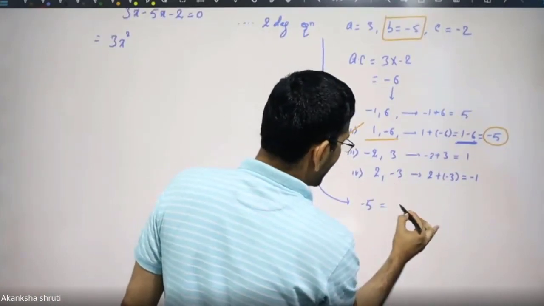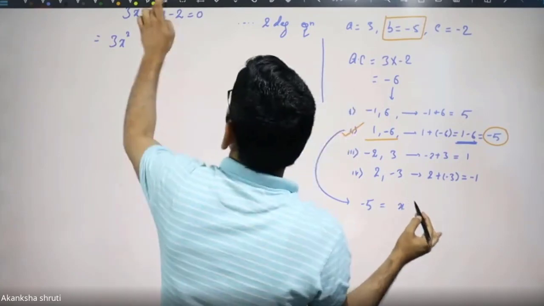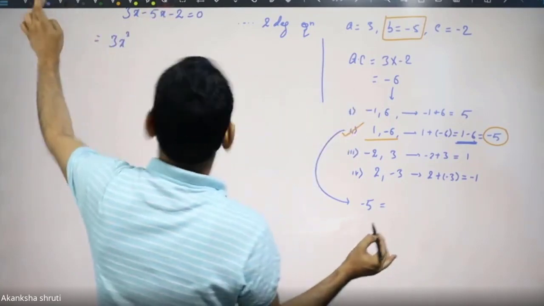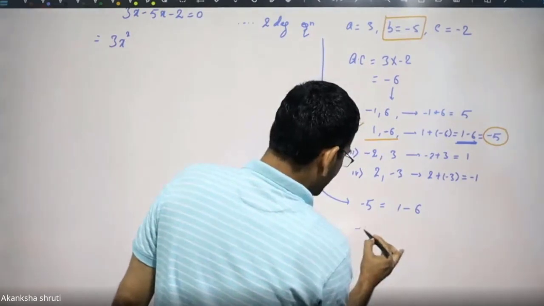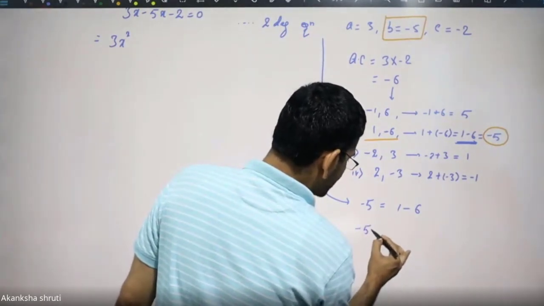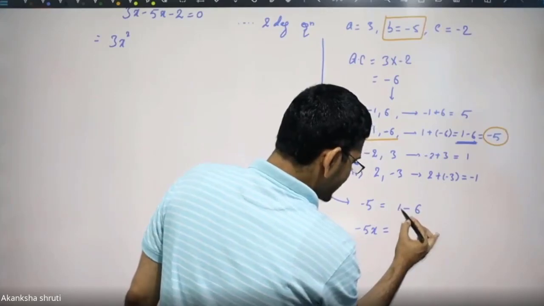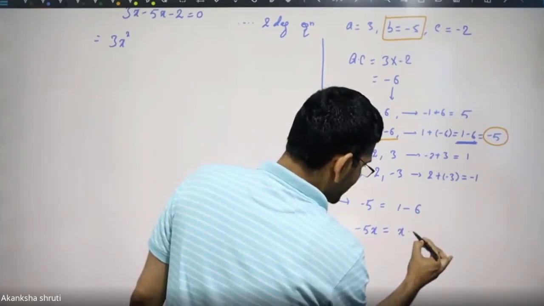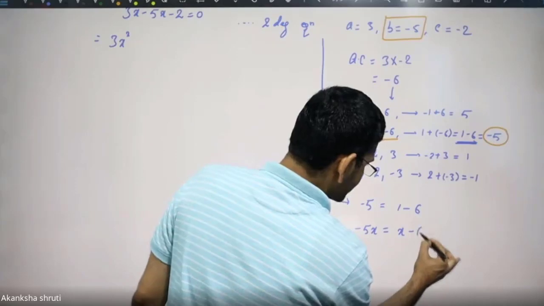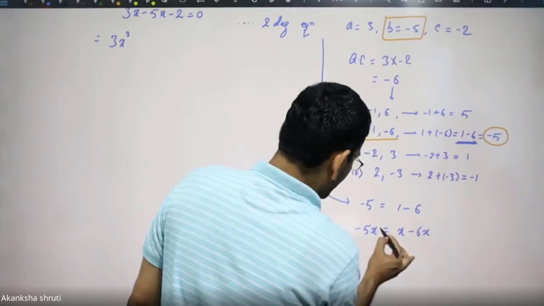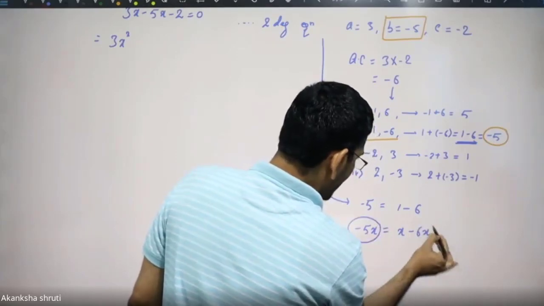We are writing it as 1 minus 6. So if we have this associated with the -5x, then I shall associate this x: 1x, simply x, minus 6x. It means the same thing, so we shall use this directly.